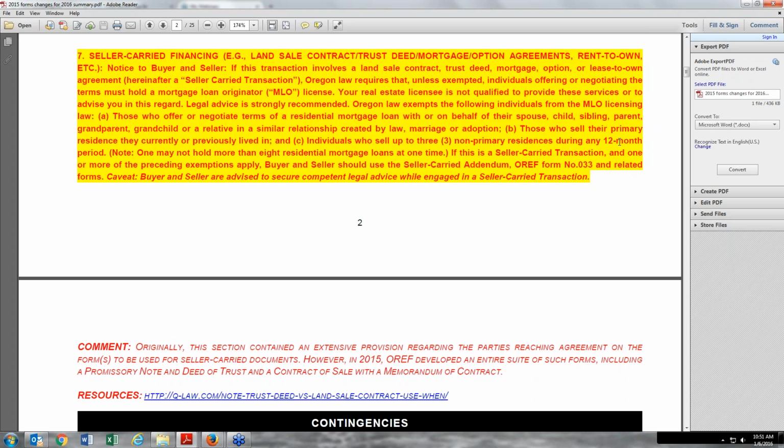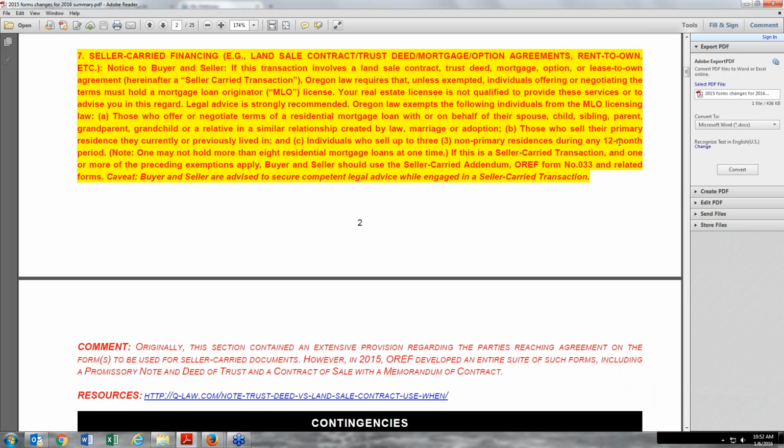I'm going to assume that folks in Central Oregon are doing at least some seller carried financing, and so we're going to go through this with some detail. Seller carried financing, for example, would be a land sale contract, deed of trust, an option agreement with an option to purchase, a rent-to-own transaction, any kind of a situation, regardless of how it's named, that contemplates that the seller will carry back financing.